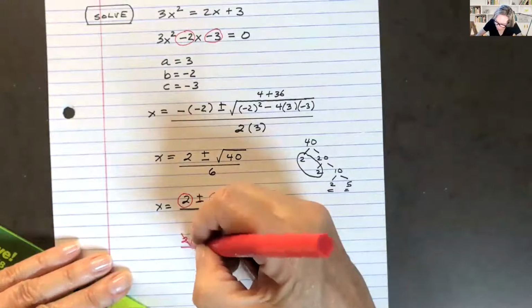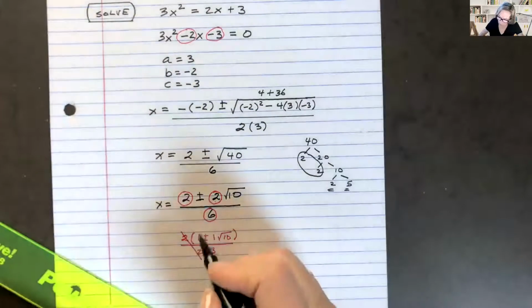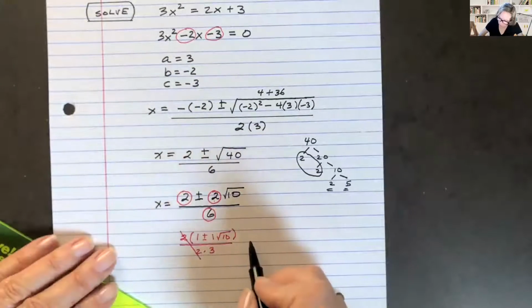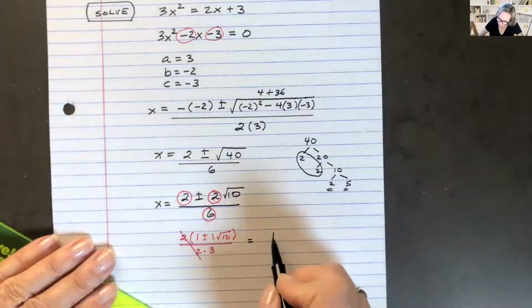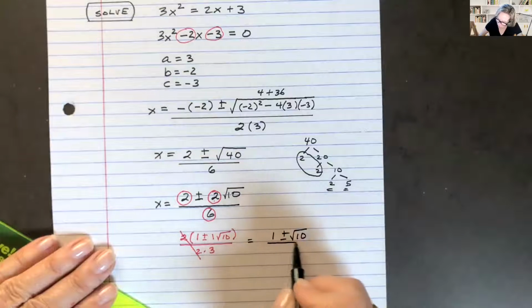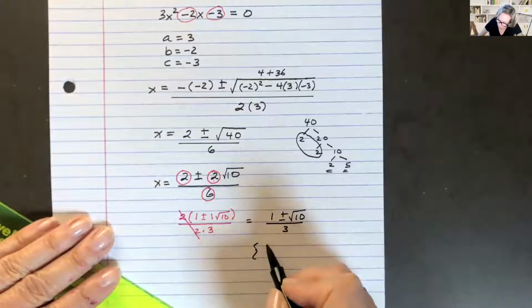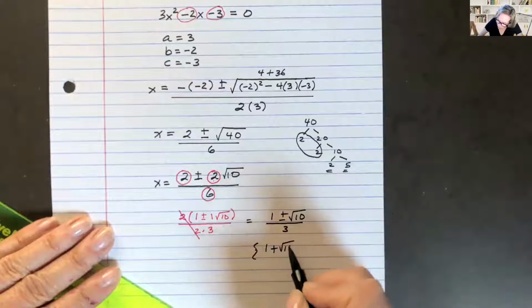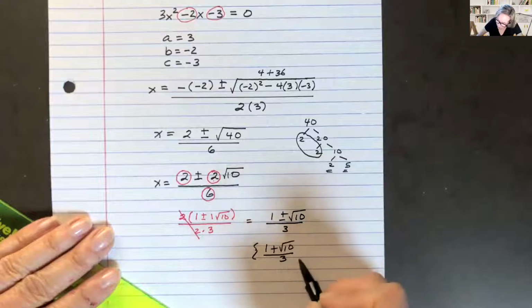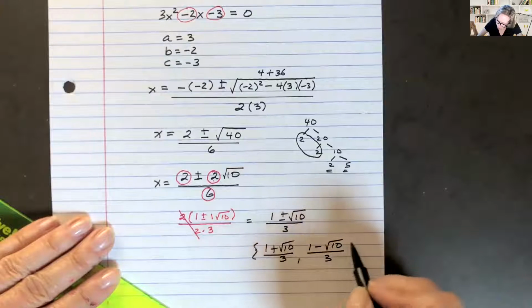And the 2 over 2 is a 1, and that cancels. So I get 1 plus or minus, and this 1 can be invisible. So I get 1 plus or minus square root of 10 all over 3. And that represents two solutions. 1 plus the square root of 10 over 3, and 1 minus the square root of 10 all over 3.